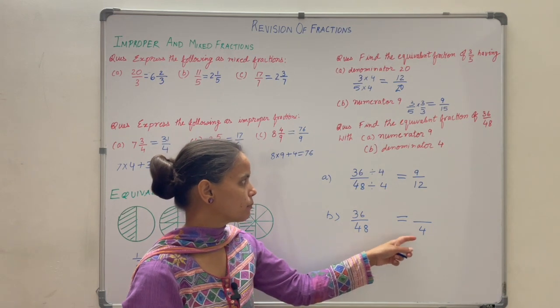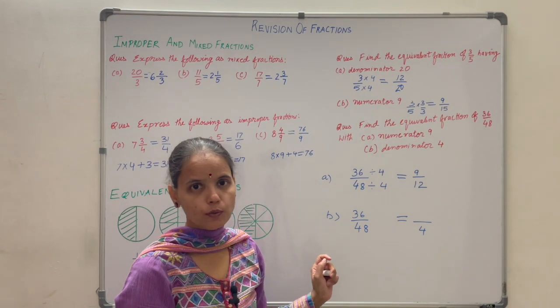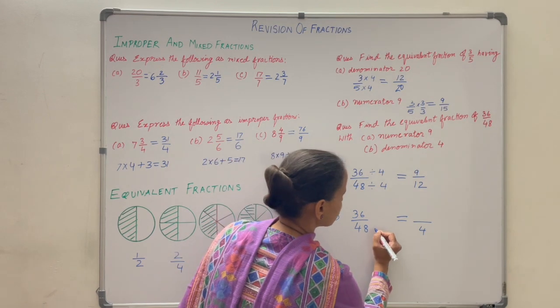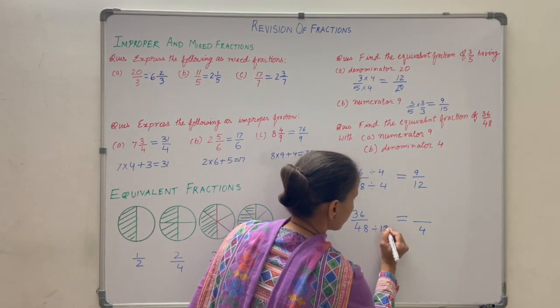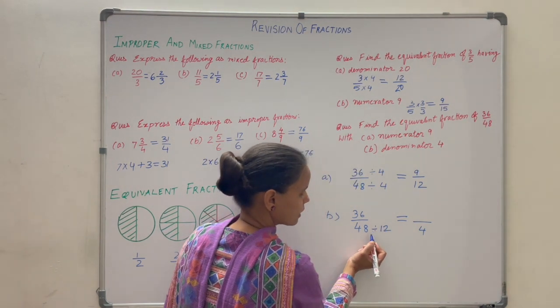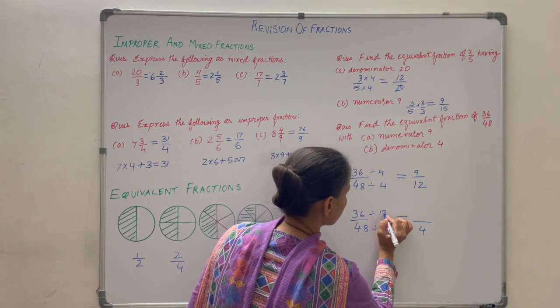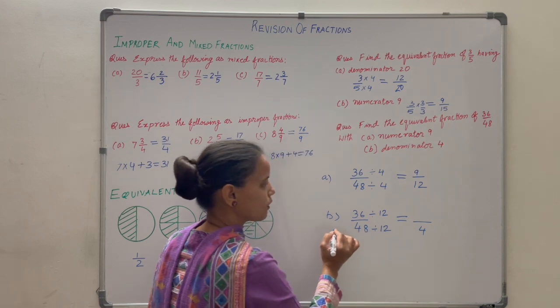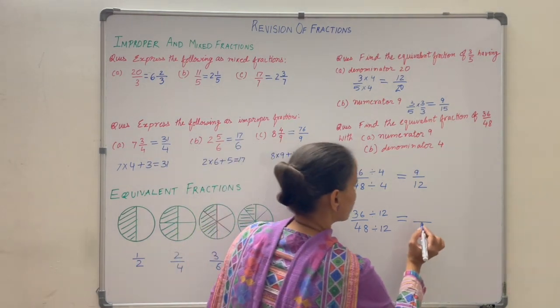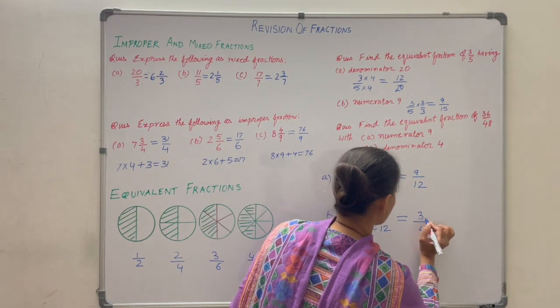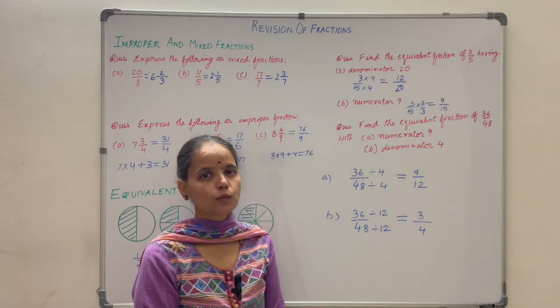You can divide 48 by 4. So what are you going to get? 12. So you divide the denominator by 12. If you are dividing the denominator by 12, you have to divide the numerator also by 12. So when you divide 36 by 12, what do you get? 3.